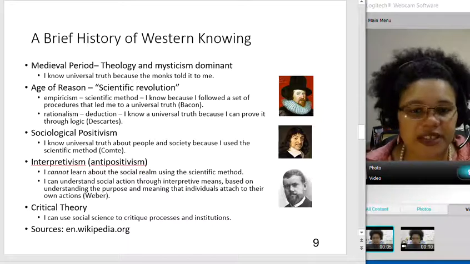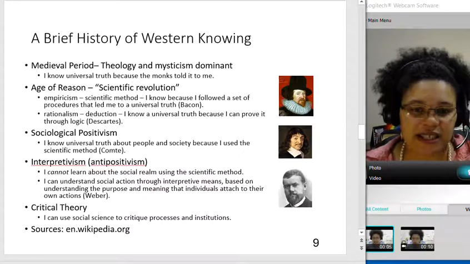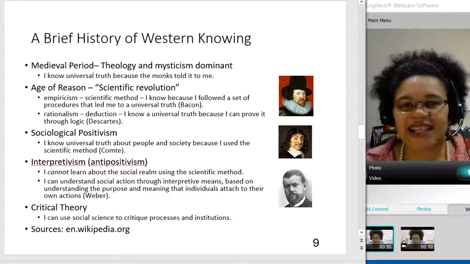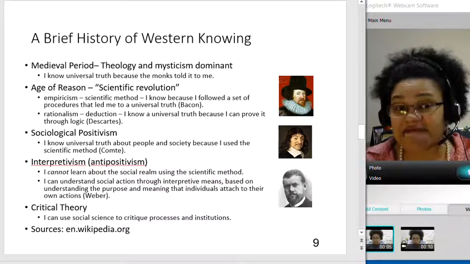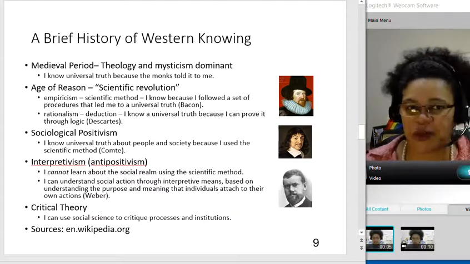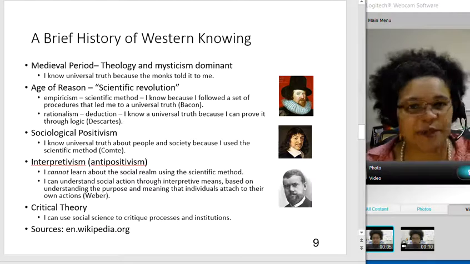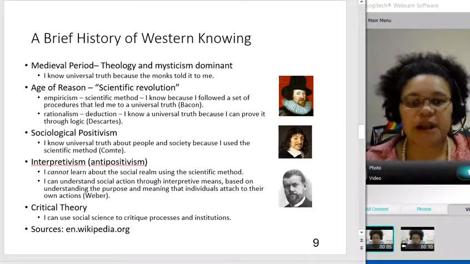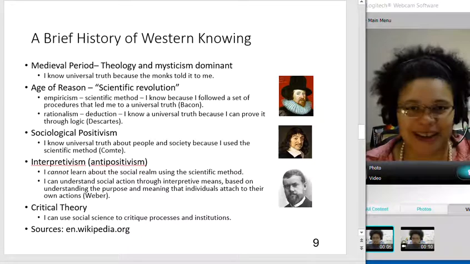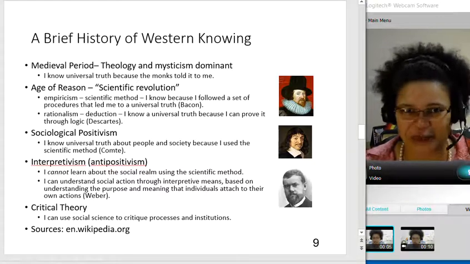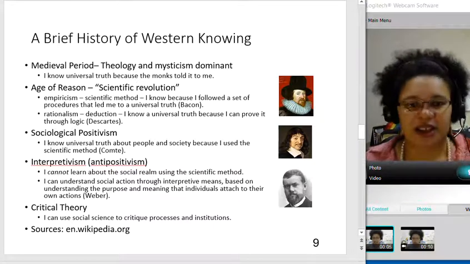Then interpretivism is sometimes called anti-positivism because basically it says, no, I cannot learn about the social realm using the scientific method. I can't just experiment on people and know everything there is to know about people. Okay.